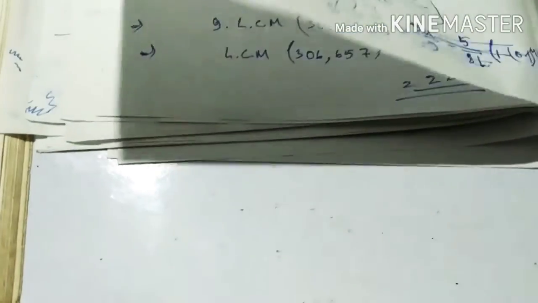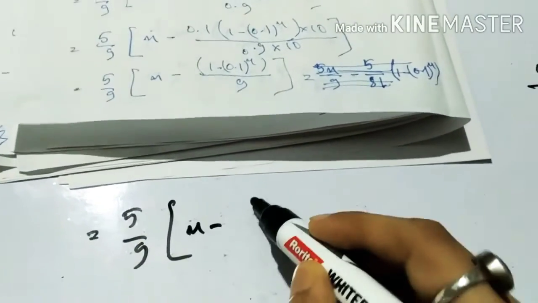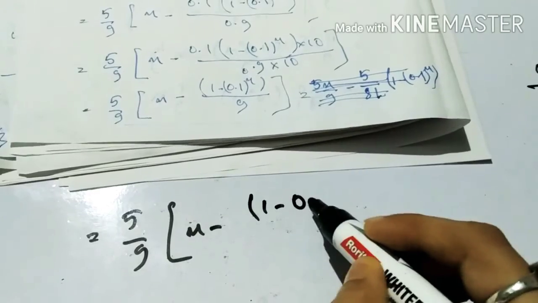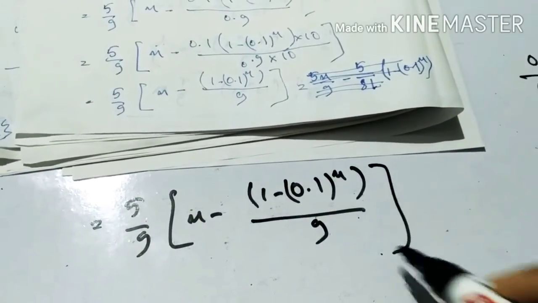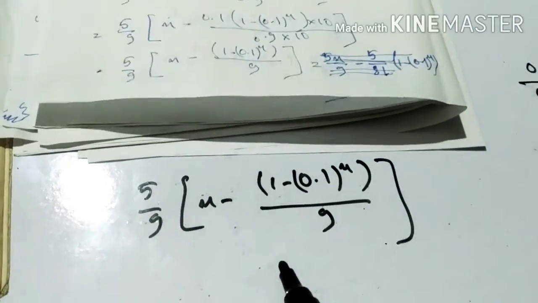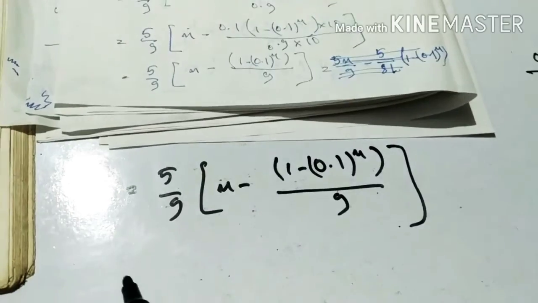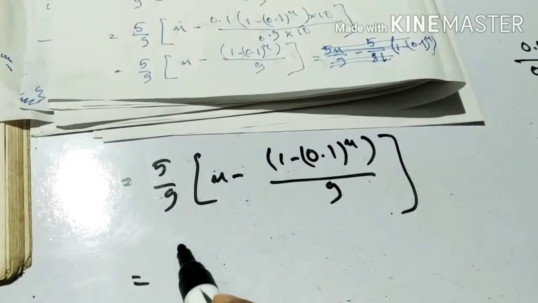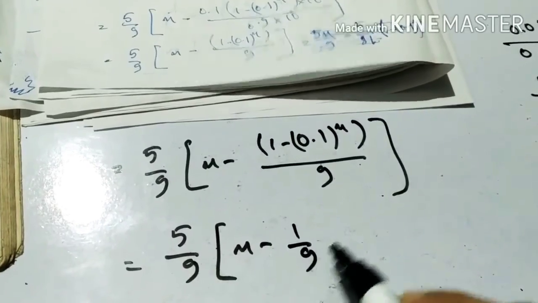So in here you see, this whole thing I can write as 5 by 9 n minus 1 minus 0.1 to the whole power n by 9. In this way we will do 5 by 9 n minus 1 by 9.